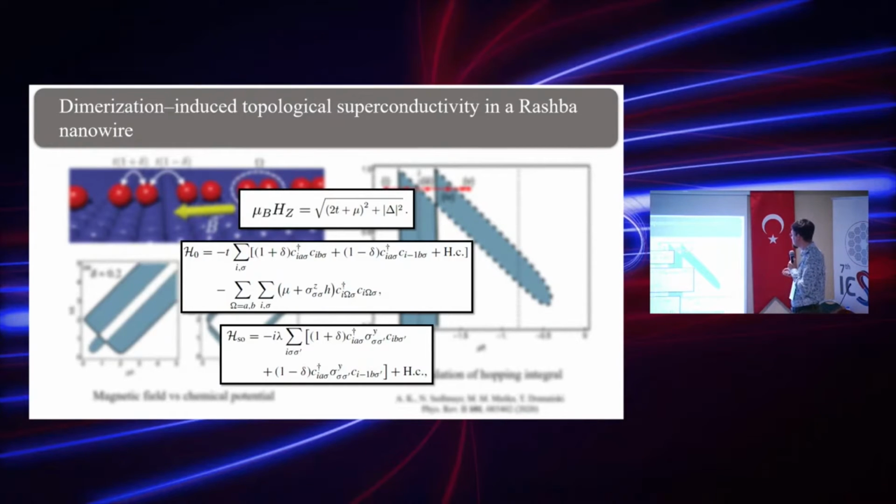However, we wanted to check what happens if we change the hopping integral. To do this, we were using a scheme similar to the SSH model. So we introduced this delta parameter that changes both spin conserving hopping and spin flip hopping.